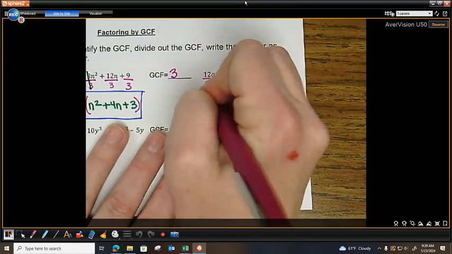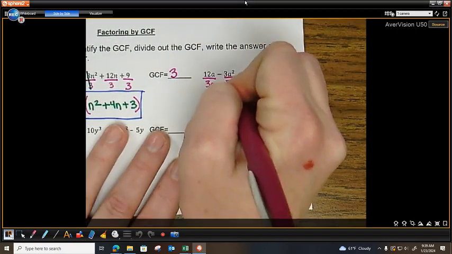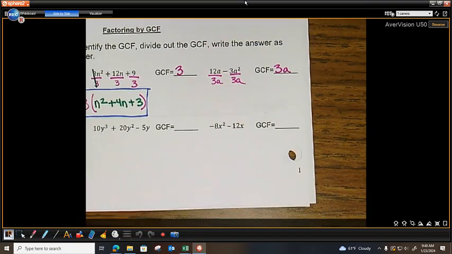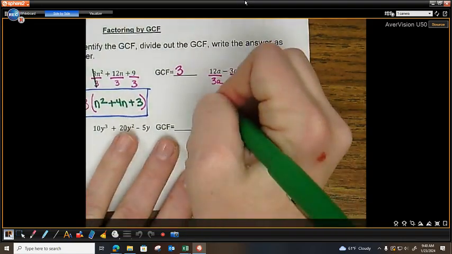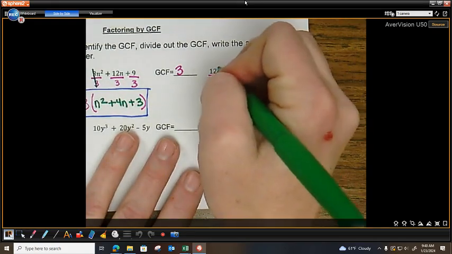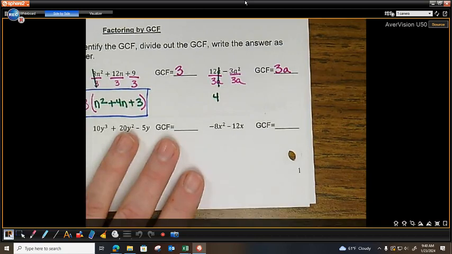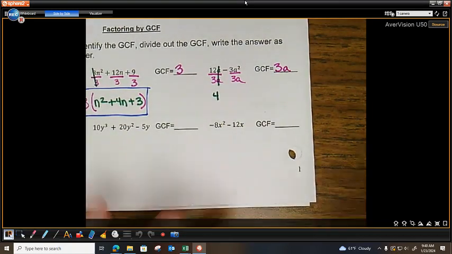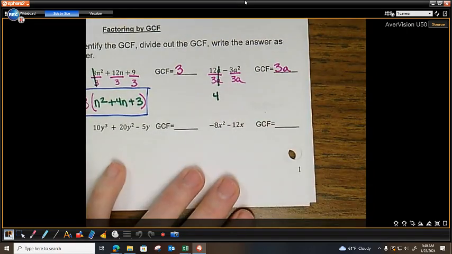Factor out your GCF by dividing each term by it. So what's 12 divided by 3? What's a over a? Gone, right? You have an a on top, a on bottom, cancel out. No more a's. Okay, what's negative 3 divided by 3?